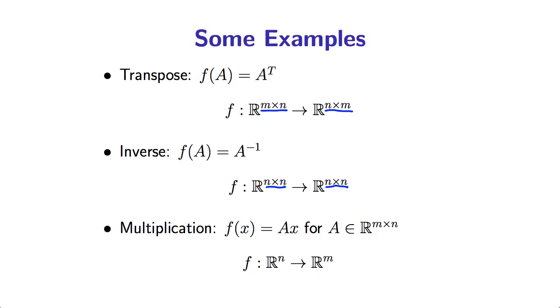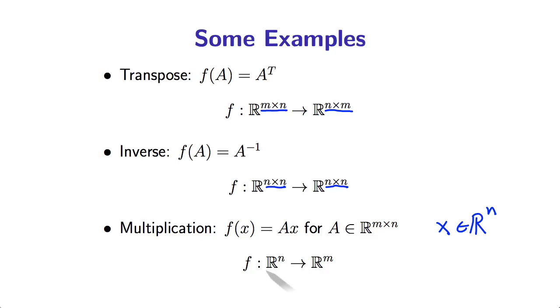Something like multiplication is also a matrix function. For example, we could define f of x for x being here a vector in R^n, because x has to be in R^n in order for this multiplication to make sense. If we define this function as f of x equals A times x, for A being m by n, then this function would take as inputs vectors in R^n.